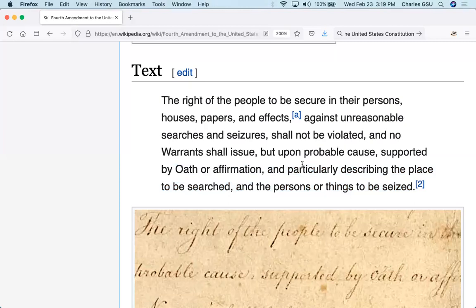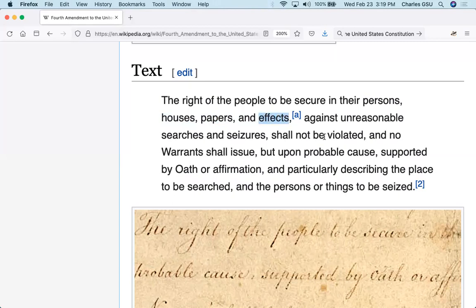But what's under question here in regards to privacy is the listing here. So persons means your physical body, houses, obviously, dwellings, papers, your documents, and then effects. So effects here is a really broad term.